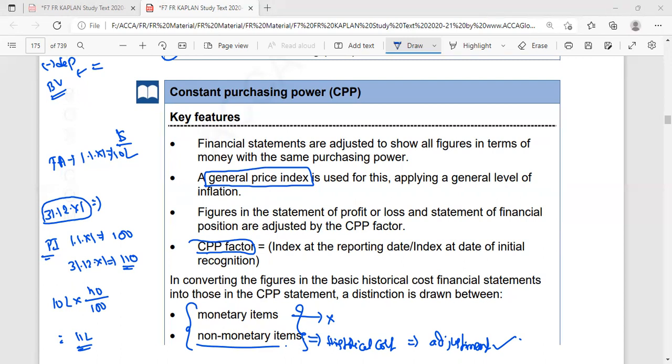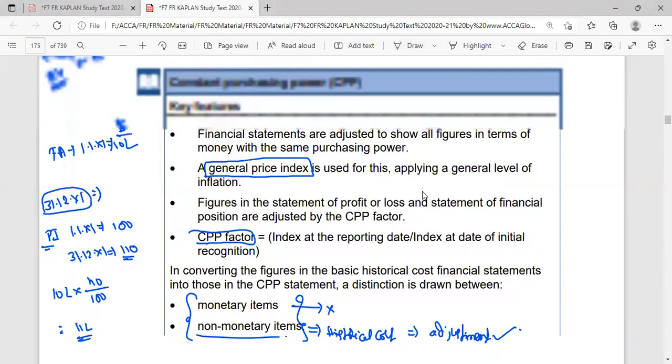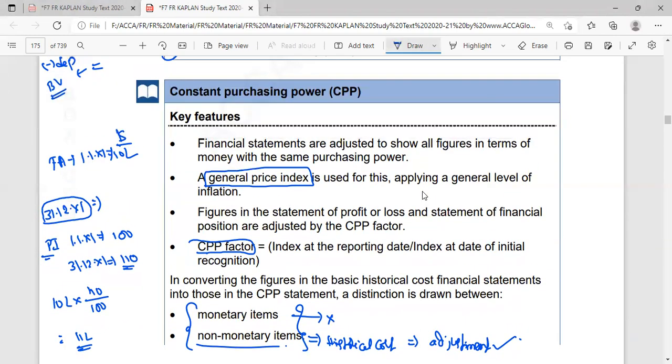Here we discussed that monetary items cover cash and cash equivalents like accounts receivable or accounts payable, and non-monetary items cover the rest. Coming to the financial statements, which items are required to be adjusted? In the income statement, all items are required to be adjusted. In the cash flow statement, all items are required to be adjusted.